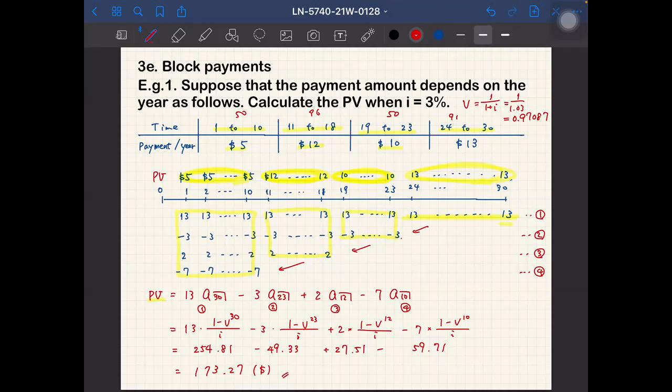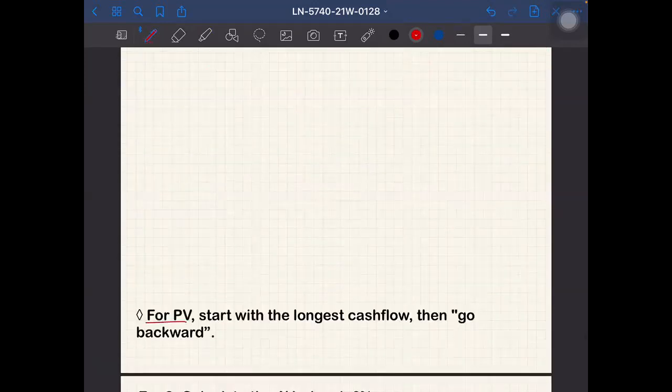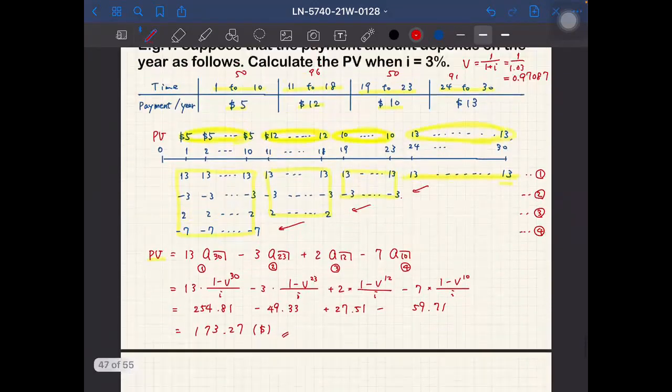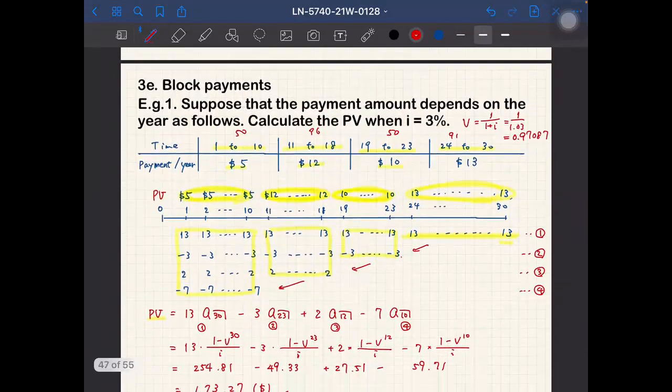In short, to calculate the PV of block payments, start with the longest cash flow, $13 for 30 years. Then go backward to have shorter annuities. Okay, so this is the first example for block payments.